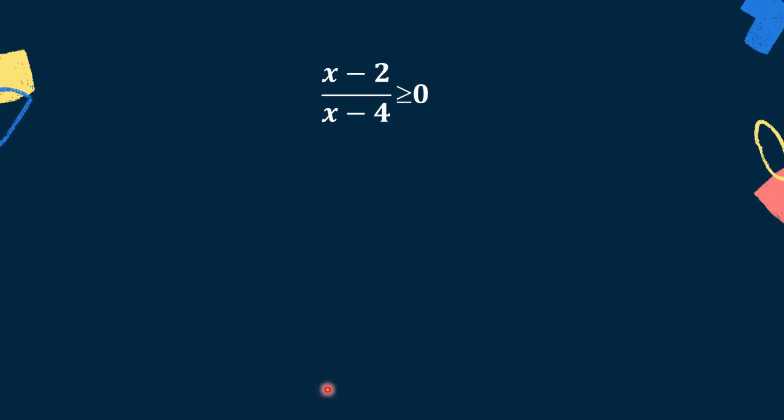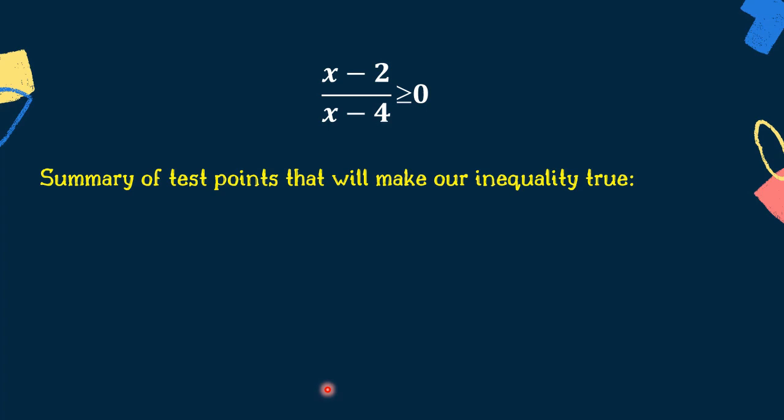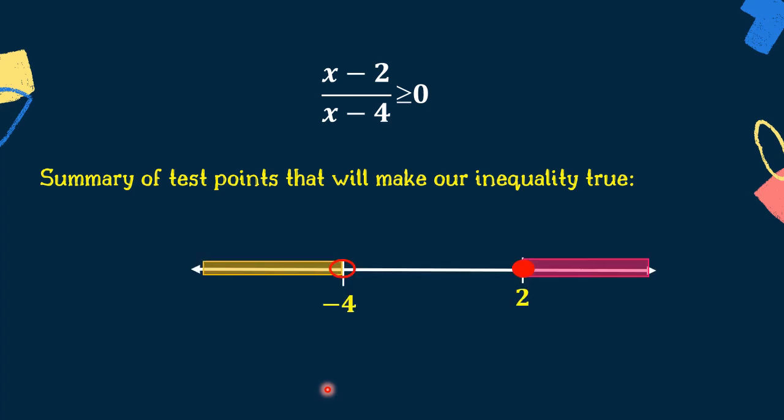So we can conclude from our given rational inequality, after trying points from the different intervals, that the solution to the rational inequality above is the values of x which are less than -4, and also x is greater than or equal to +2.